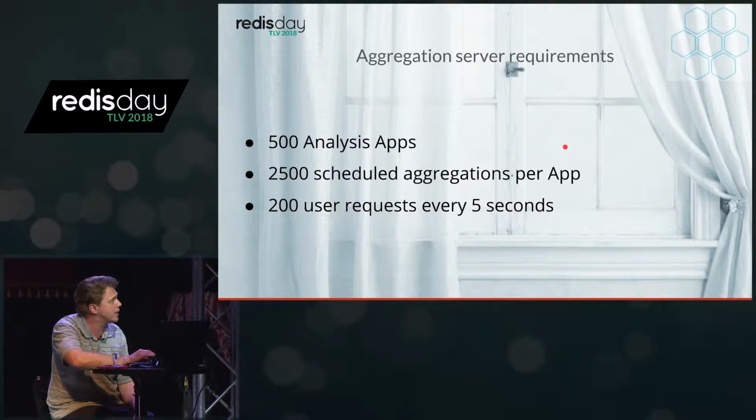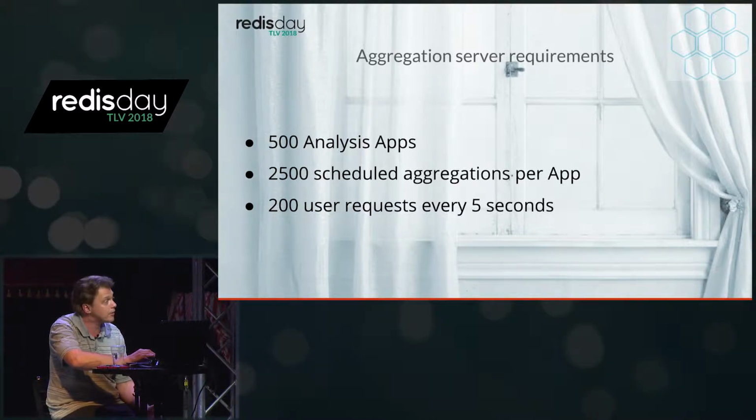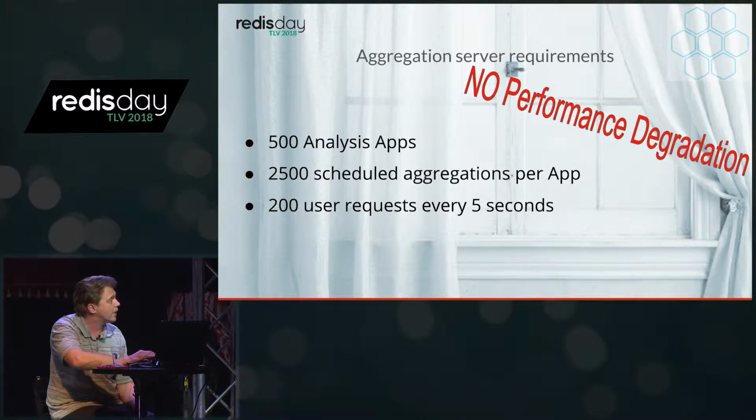The requirements we got were that we have 500 analysis applications. We've got 2,500 scheduled aggregations per application, and we need to supply the answer to 200 user requests every 5 seconds. And we would like no performance degradation.